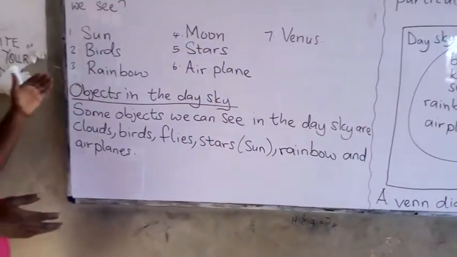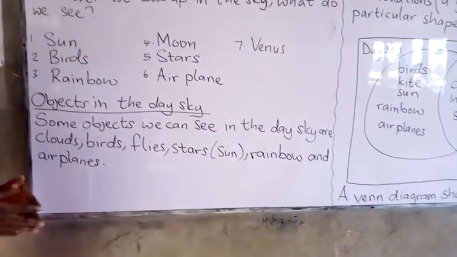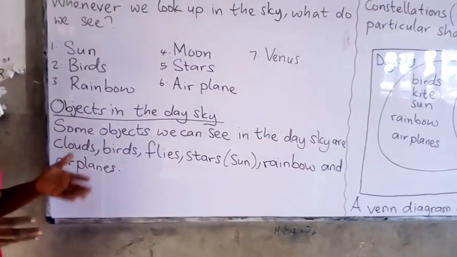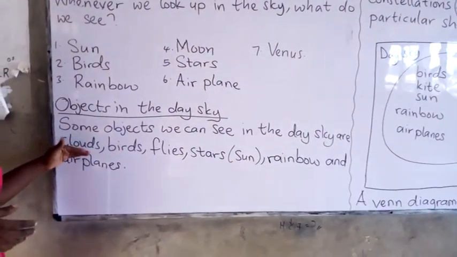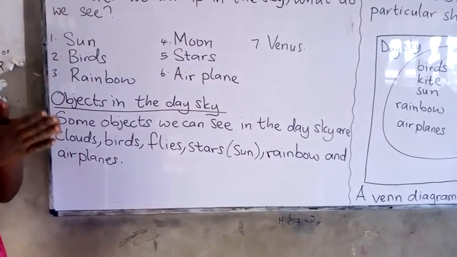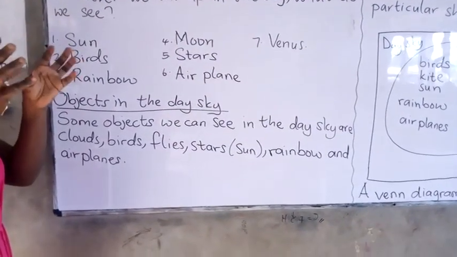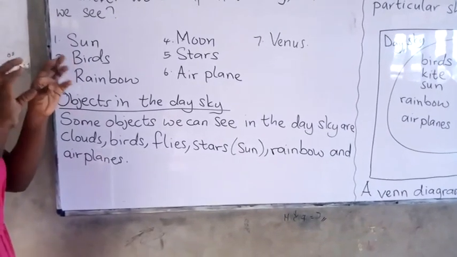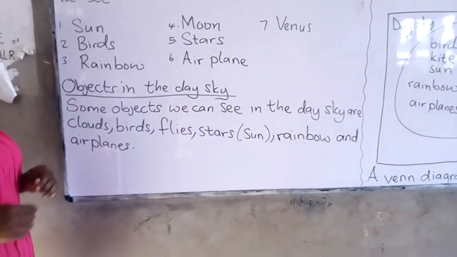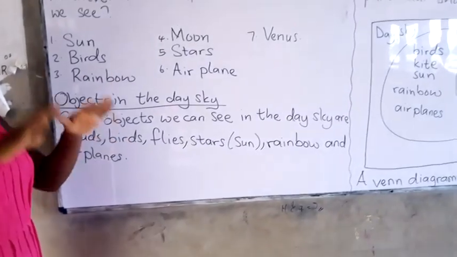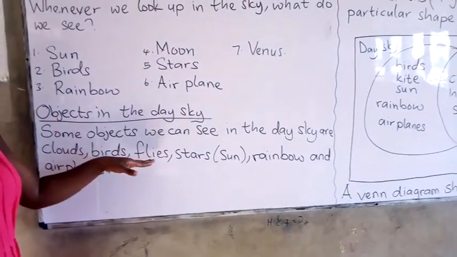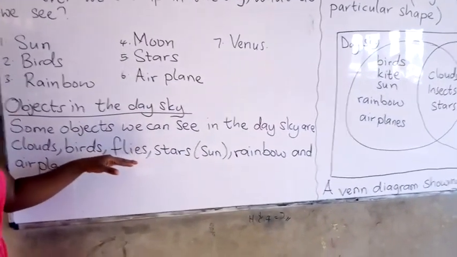Now let's look at the objects in the day sky. Some objects we can see in the day sky are clouds. Sometimes when you look up in the day sky, you see some white, foggy looking thing, either white or gray. They are called clouds. Then we have birds, we see birds all over the sky. We see flies, all kinds of flies in the sky.